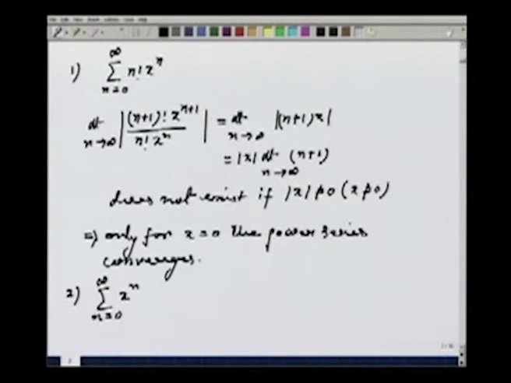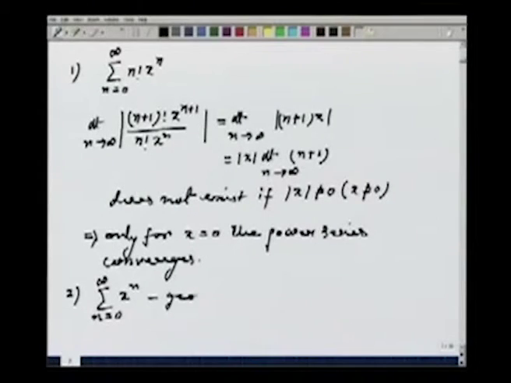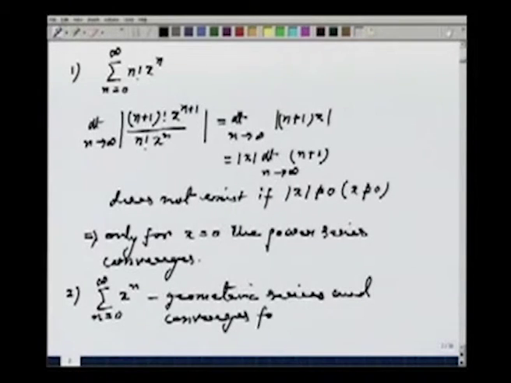Now if I apply the ratio test, or by my knowledge of whatever I know, this is a geometric series and converges for mod x less than 1 only, because if I take mod x to be bigger than or equal to 1, the series does not converge. So this power series makes sense as long as modulus x is strictly less than 1.